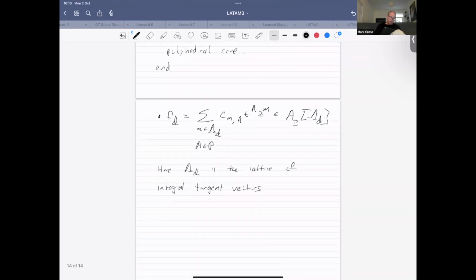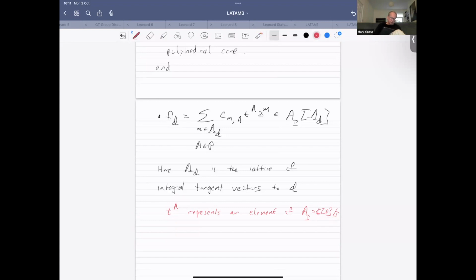Okay, so Lambda_D is the lattice of integral tangent vectors to D. So this is a dim B minus one-dimensional lattice. Here, t^a represents an element of A_I. A_I, remember, is C[P] mod the ideal I. So it's just a generator of C[P] with exponent a, but we think of this as an element of the quotient ring.